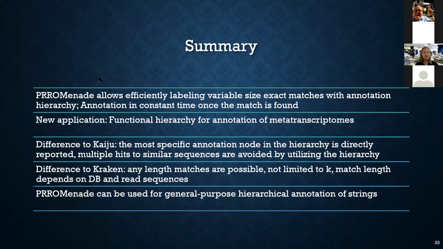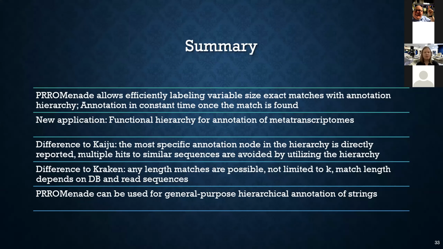And just to summarize, Promenade allows efficiently labeling variable size exact matches with an annotation hierarchy. Once you get your sequence match, the annotation is instantly found. And we introduced this new application of looking at a functional hierarchy for annotation instead of the taxonomic hierarchy.